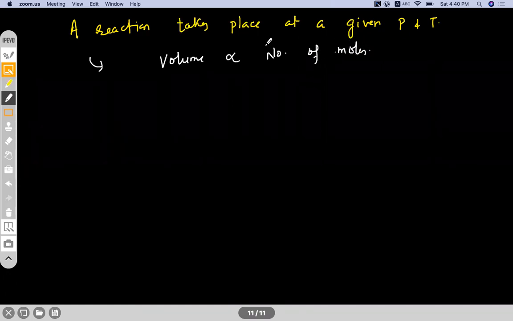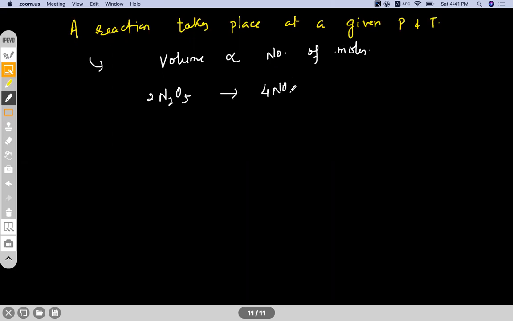So number of moles and volume we can correlate. For example, if I have this reaction and I'm taking only one gaseous product, N2O5 gives NO2 plus O2. Suppose we have only oxygen in the gaseous state here.